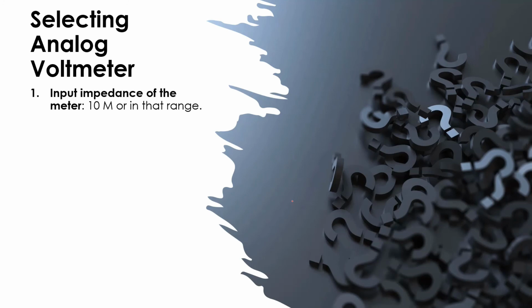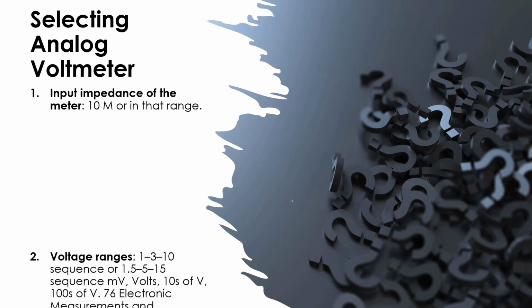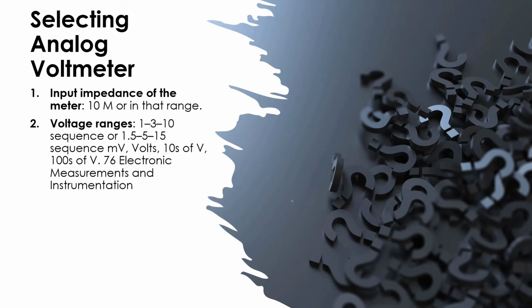The first one is the input impedance of the analog voltmeter. The input impedance is about 10 megaohm or in that range. And then what is the voltage range? It's about the 1, 3, 10 sequence or the 1.5, 5, 15 sequence, from millivolts to 10 volts.